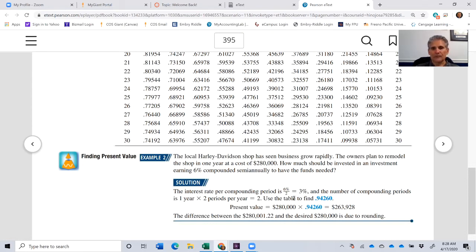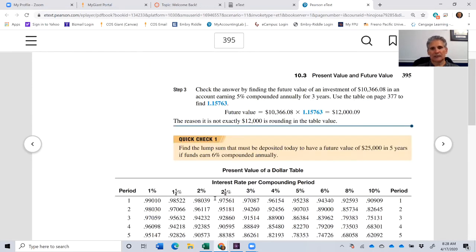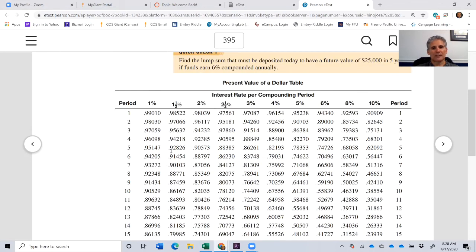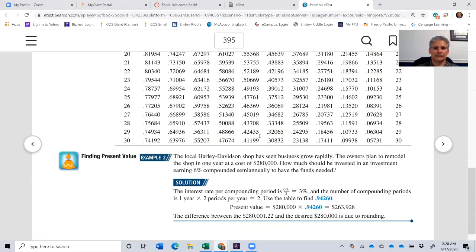We look on the table. We're going to look for 2 periods and 3%. Here's the table, we're on the same page. 3% for 2 periods is 0.94260. We'll take the future value.